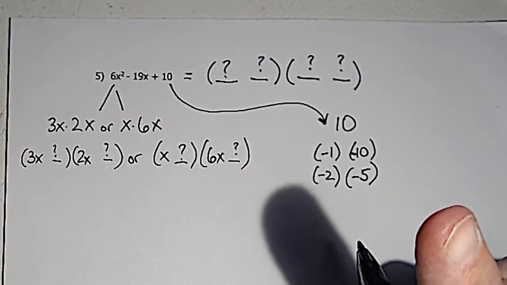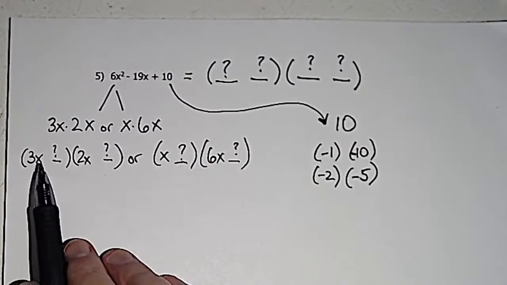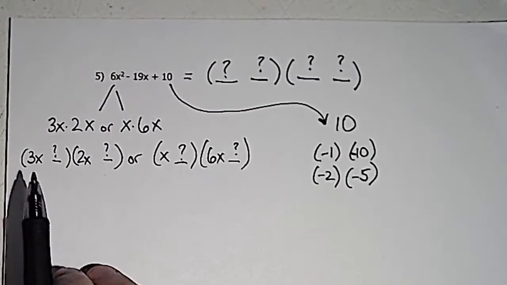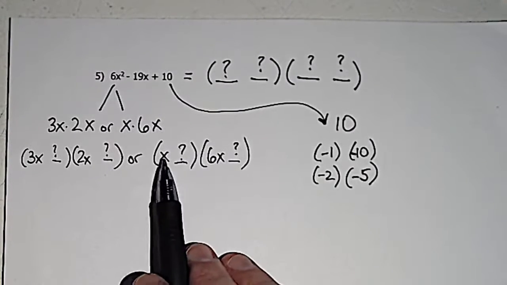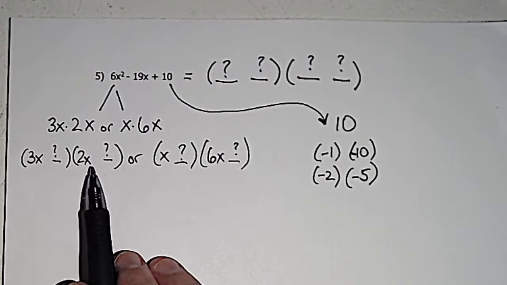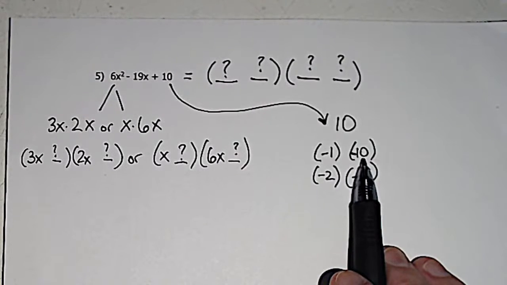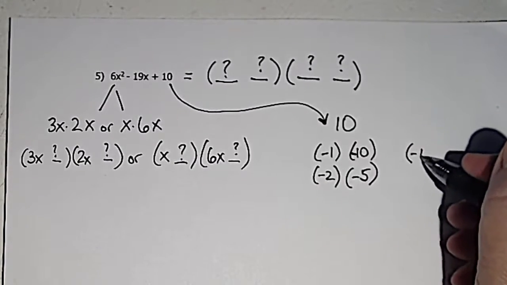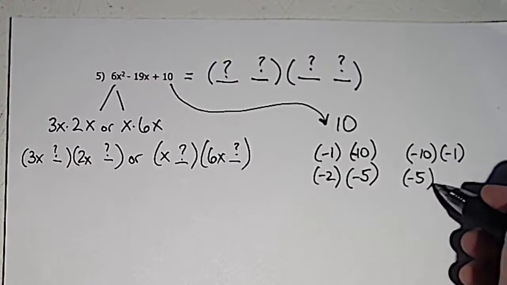But wait, there's something else. Because these two possibilities have 3x and 2x or x and 6x, these don't match. Neither of these match. That means that negative 1 and negative 10 would not be the only way to write it. We could also write it as negative 10 and then negative 1, or negative 5 and negative 2.